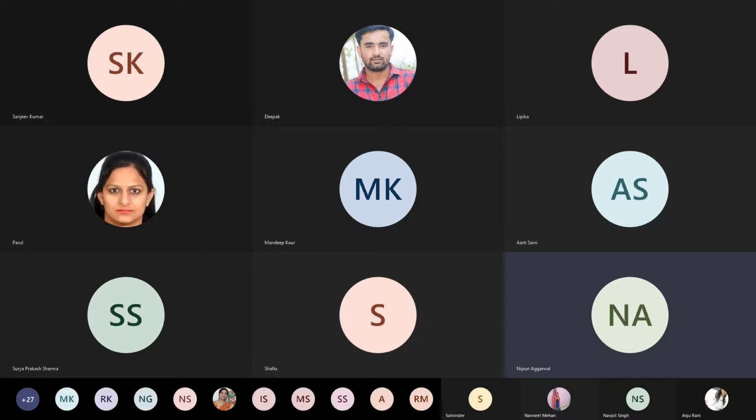The next is to test the significance of association between two attributes. You have to check whether these two things have a significant association among them or not. So those are the two tests under which you can use the chi-square.